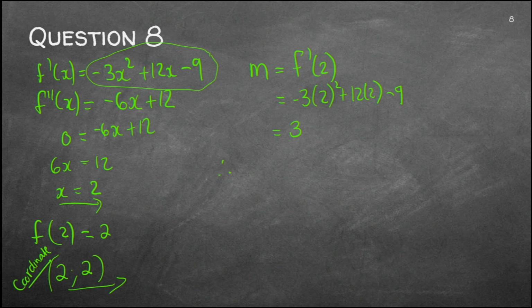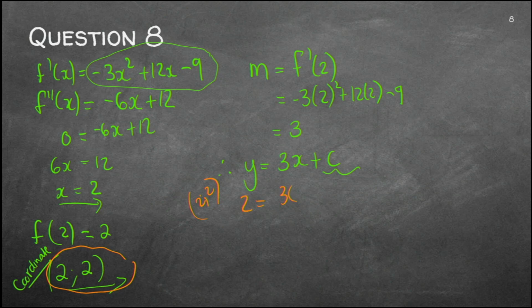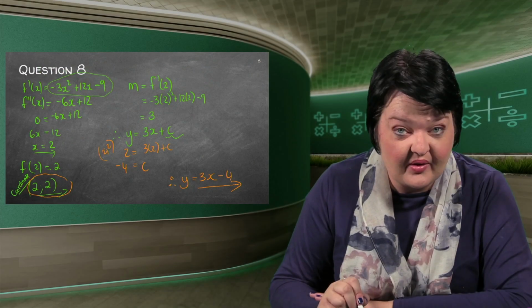So I can immediately state that y is equal to 3x plus c. How do I get c? That's the y-intercept. But unfortunately, this coordinate I have is not a y-intercept, but I can use it. So I will say 2 is equal to 3 times 2 plus c, and I'll get c is equal to -4. Therefore, my equation is y is equal to 3x minus 4. And that is the answer.